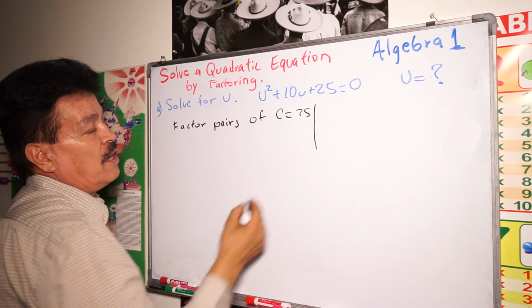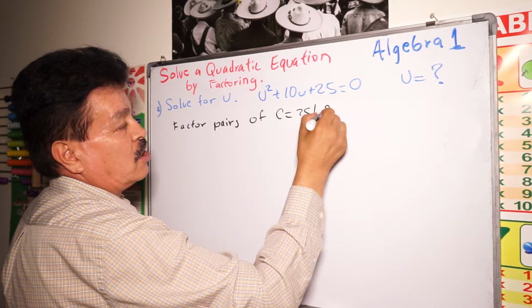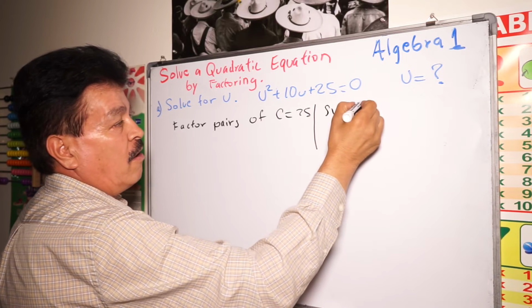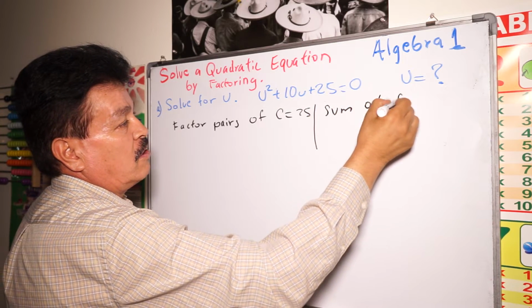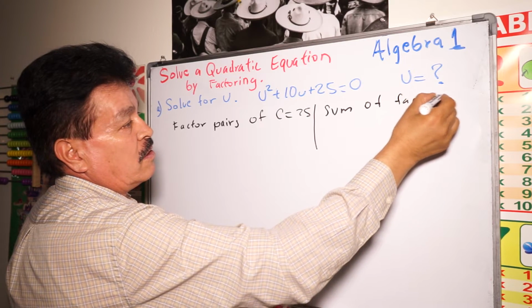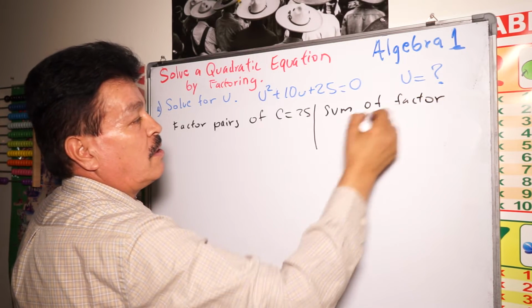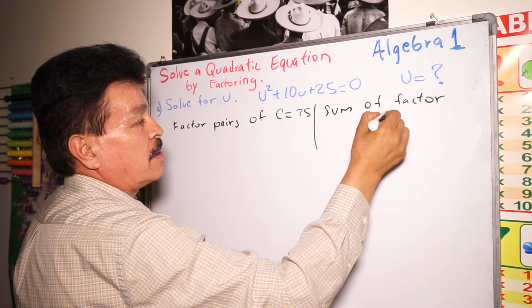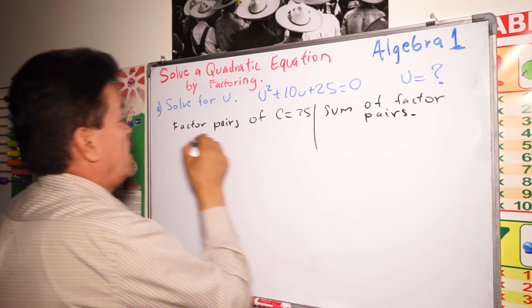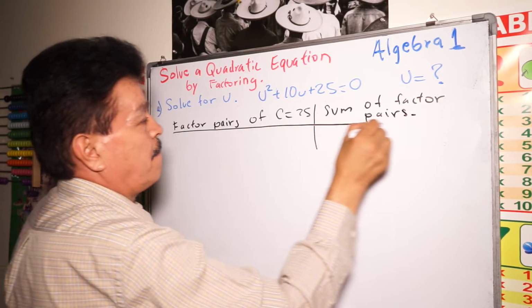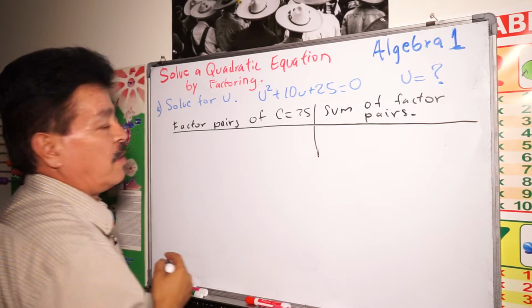This is a little table, and then the sum of factor pairs. So we have this little table here.